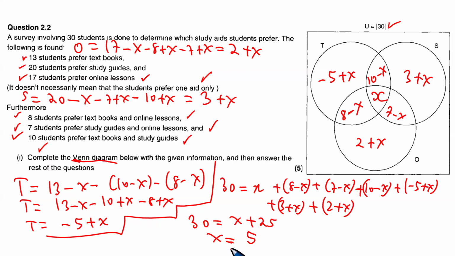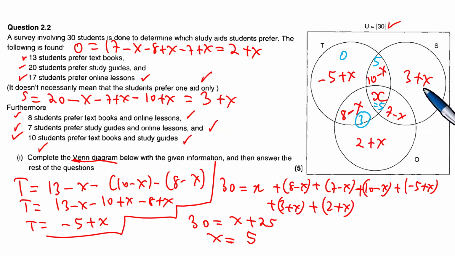Now we can see that x equals 5. So you can come to the Venn diagram and include the accurate numbers. Where x is, we put 5 there. Then you'd have 0 here, and 5 minus that is 3.